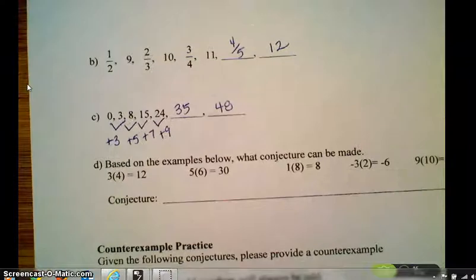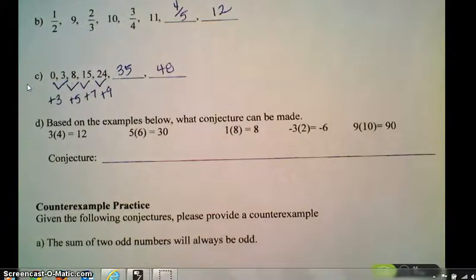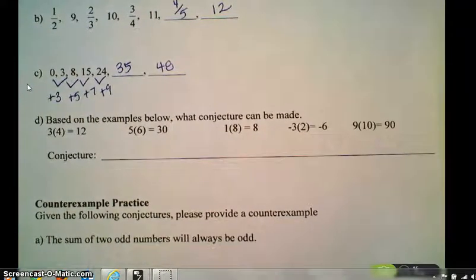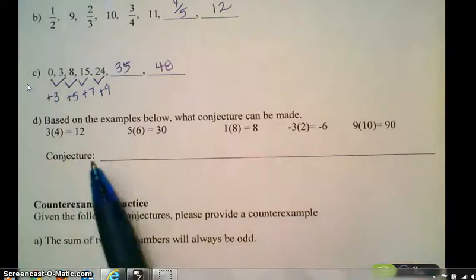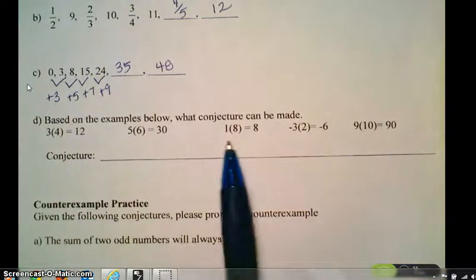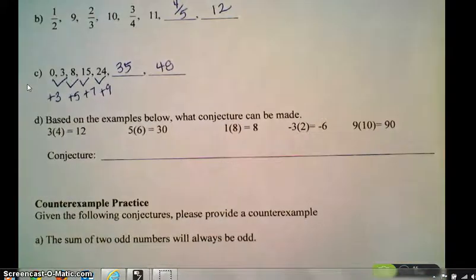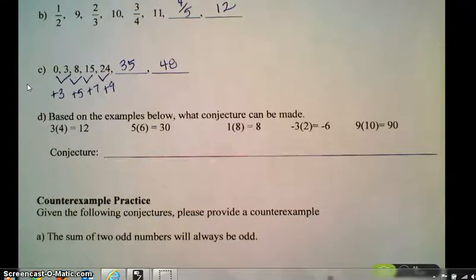All right, our last number example is to write a conjecture based upon the specific examples that I've given here. So, stop the video, see if you can come up with a conjecture on your own. Okay, you're back. A conjecture, remember, is a generalized statement based upon the examples we see.